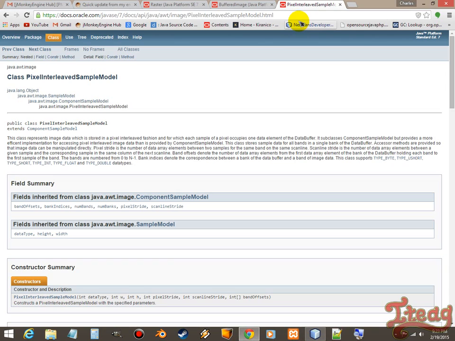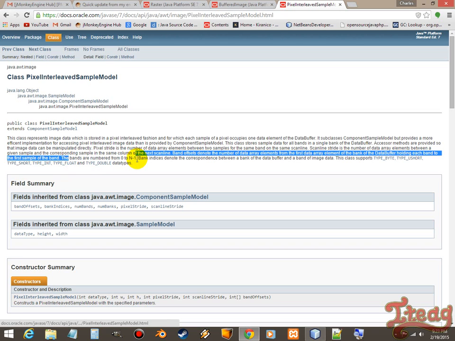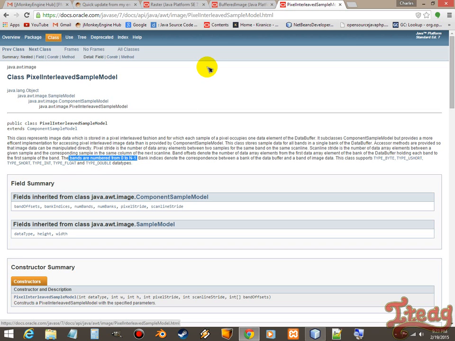I discovered on this sample model, seriously, the bands are numbered from 0 to n minus 1. So basically, you could have a sample model that involved not only red, green, blue, alpha, but because we're working with 3D models, also the surface normal in the x direction, y direction, and z direction for another three, possibly.